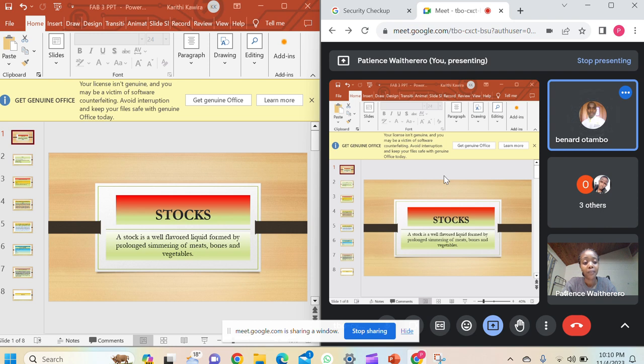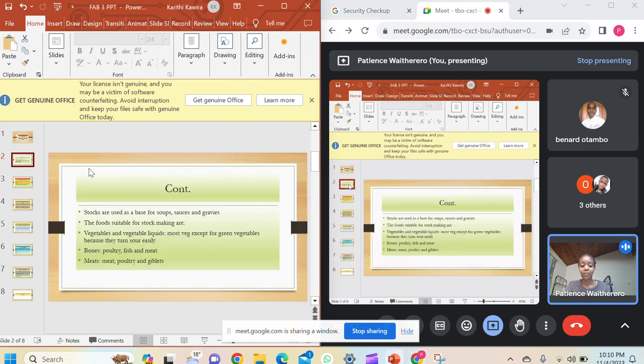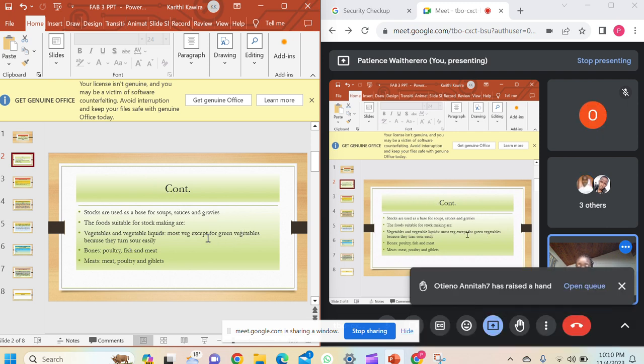That's correct. And we also have oil, salt. So I'm going to move to the next slide. When preparing stocks also, they're different.